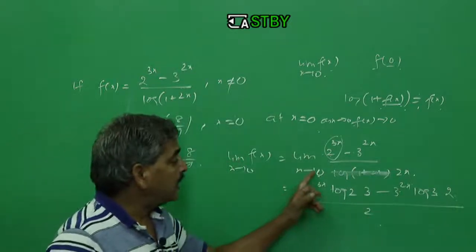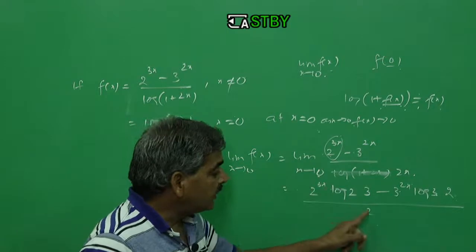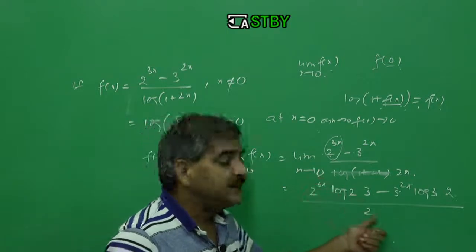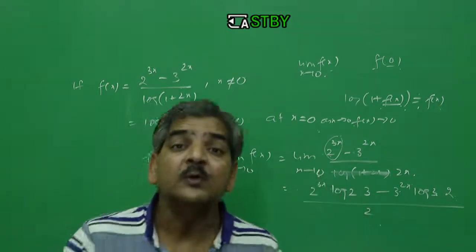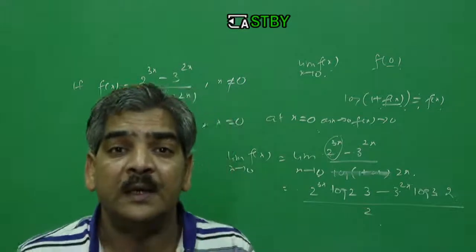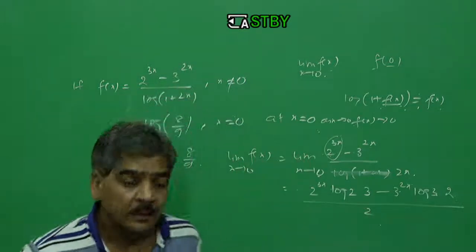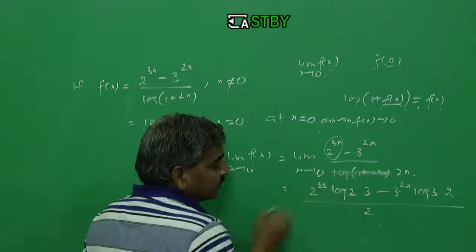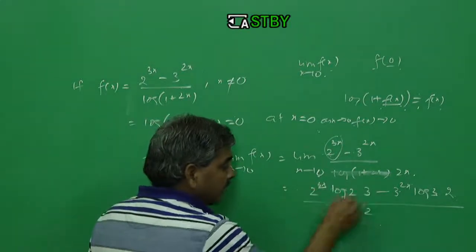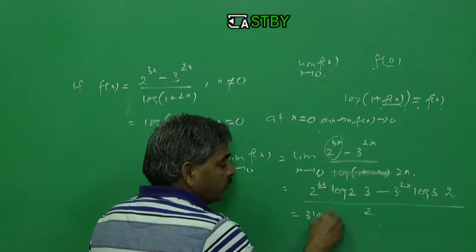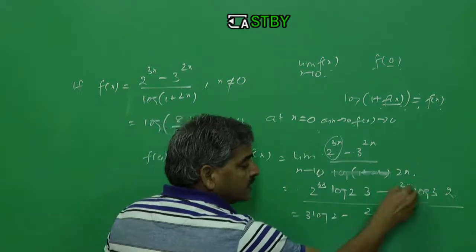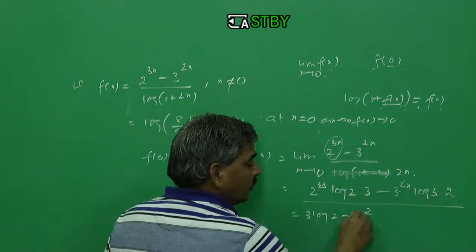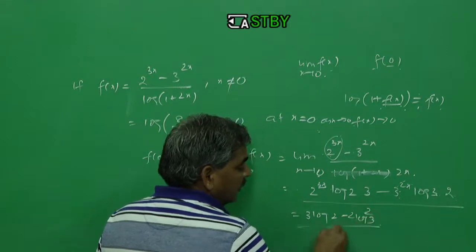Now just put x is equal to 0, क्योंकि x की वैल्यू डिनोमिनेटर में 0 सब्स्टिट्यूट करता हूँ तो डिनोमिनेटर 0 नहीं आ रहा. So put x is equal to 0. If I put x is equal to 0, this quantity is 0. मतलब क्या मिलेगा? 3 log of 2 minus this quantity is 1, 2 log of 3 whole upon 2.